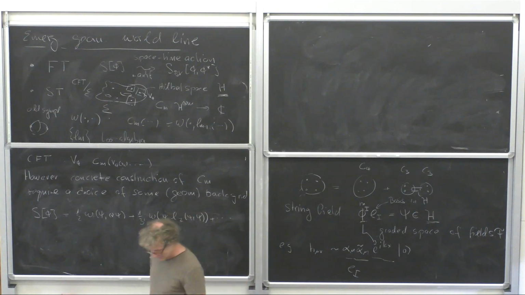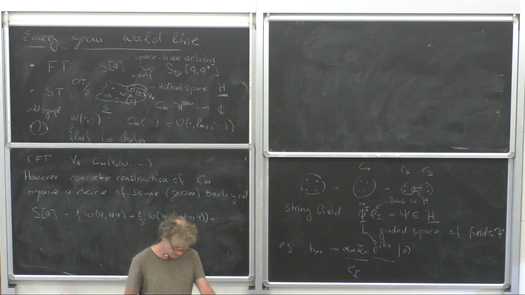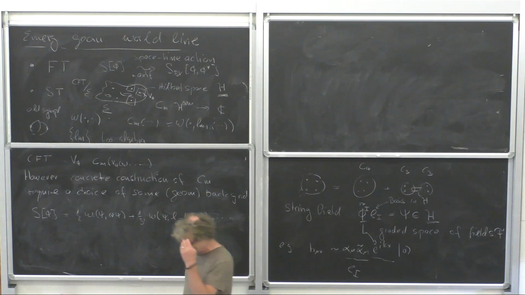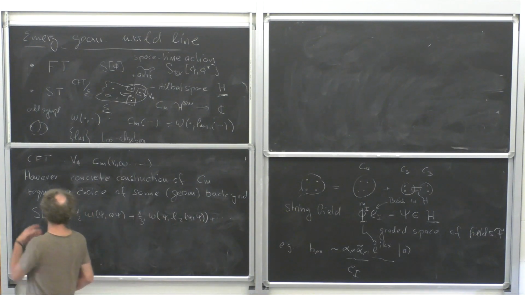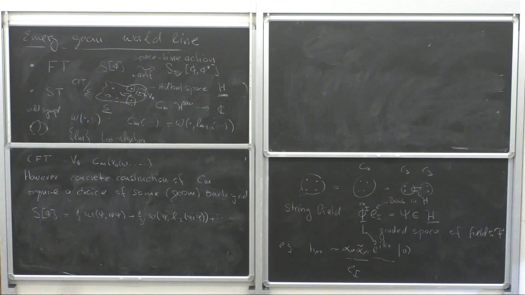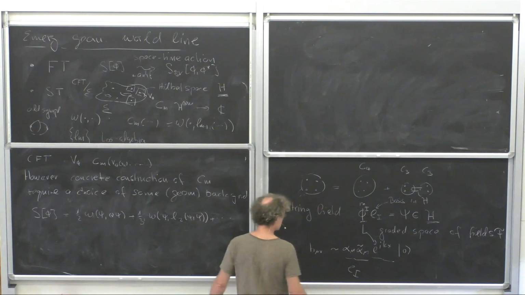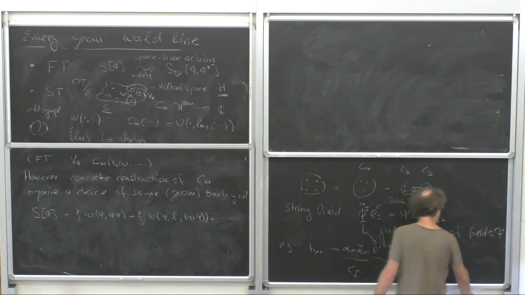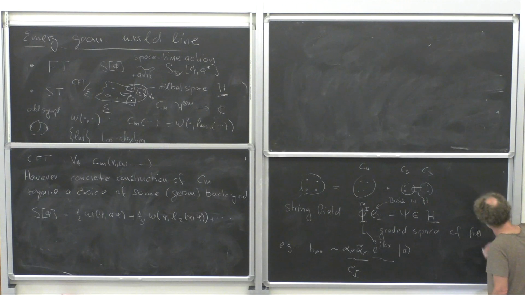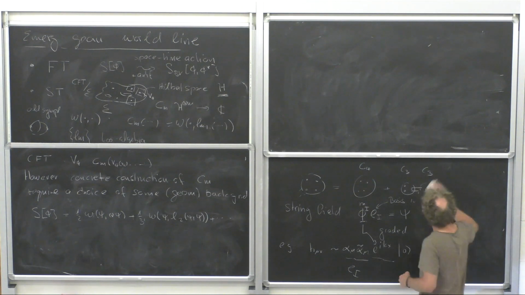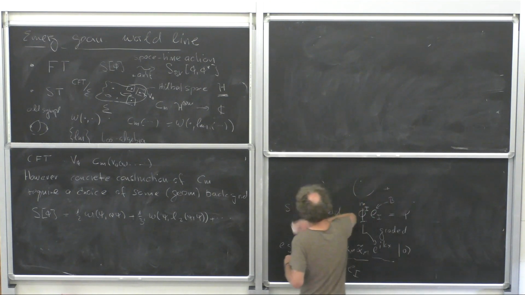Fine. So now, however, since in this workshop we're supposed to talk about emergence of geometry, I would like to get rid of this assumption. I would like to get rid of the background geometry. Now, in string theory, it's not entirely clear to me how this can be done, not even entirely obvious to me that it can be done at all, but let me therefore take a simpler model.